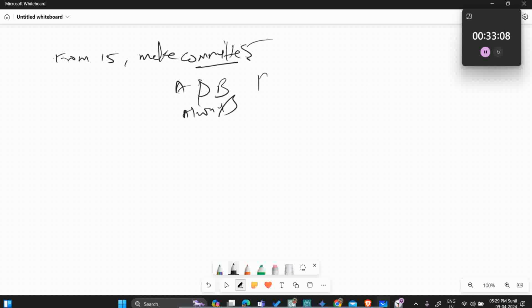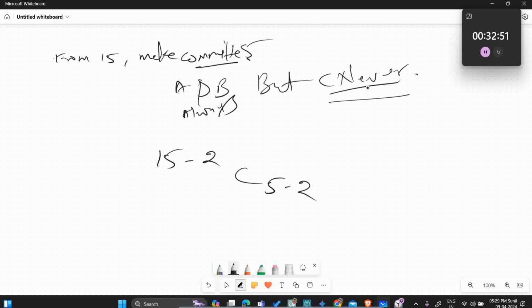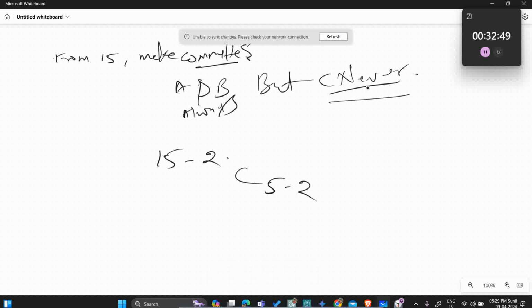What will we do? For always selected, the formula is 15 minus 2 C 5 minus 2. For never selected, the formula is n minus 1 C r.